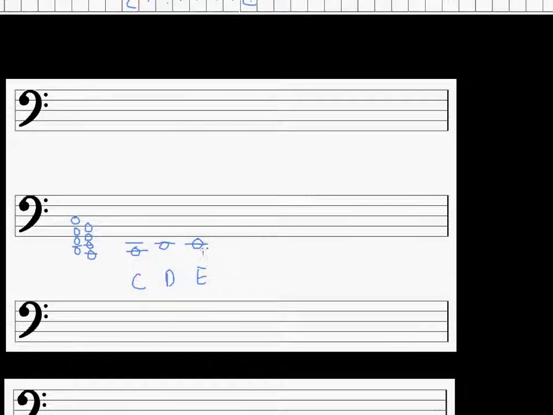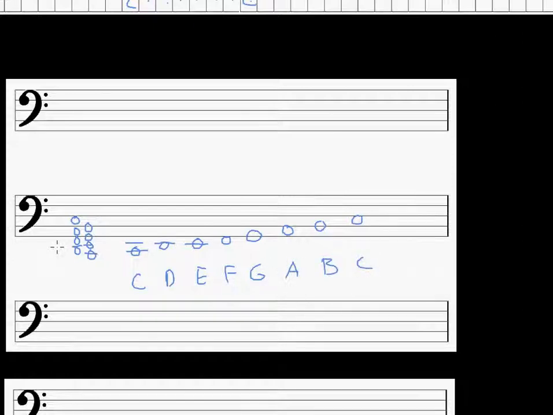So we've got C, D, E, F, G. We know that's right. Good boys deserve, or green buses drive fast. Our little rhyme there. F, C, D, E, F, G, A, B, C.